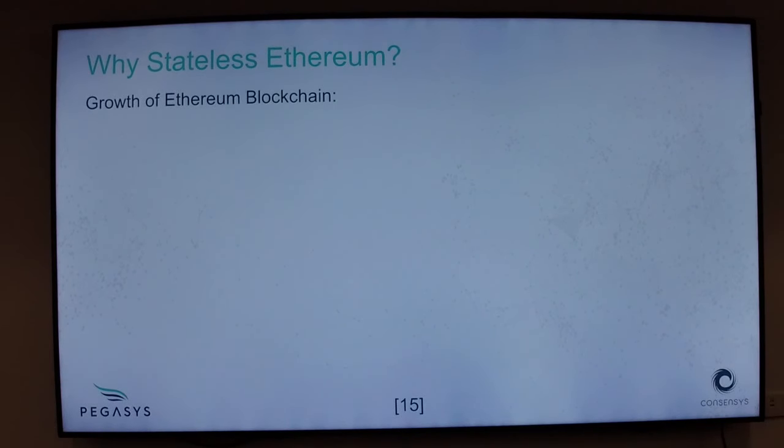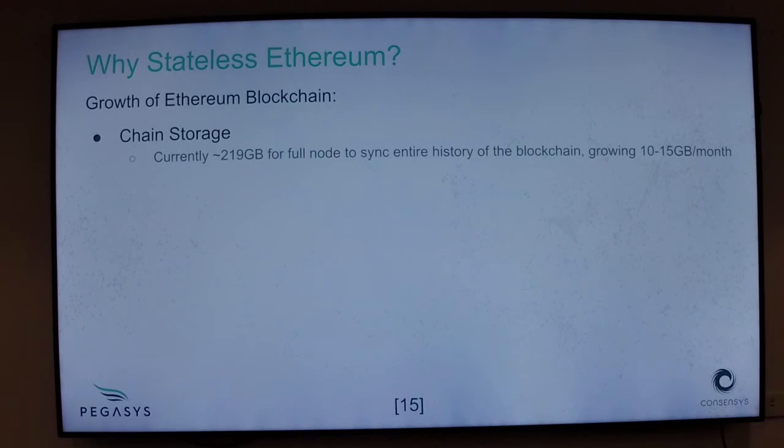One of the things we really need to do is look at the growth of the Ethereum blockchain. If we look at chain storage, currently, about December when I had a look, it was about 219 gigabytes for a full node to sync the entire history of the blockchain, and that's growing by 10 to 15 gigabytes a month. Now that's not particularly a big deal, storage is not that expensive.